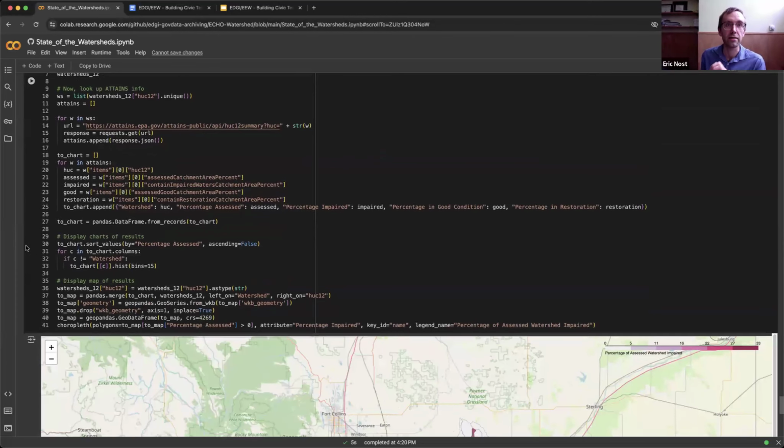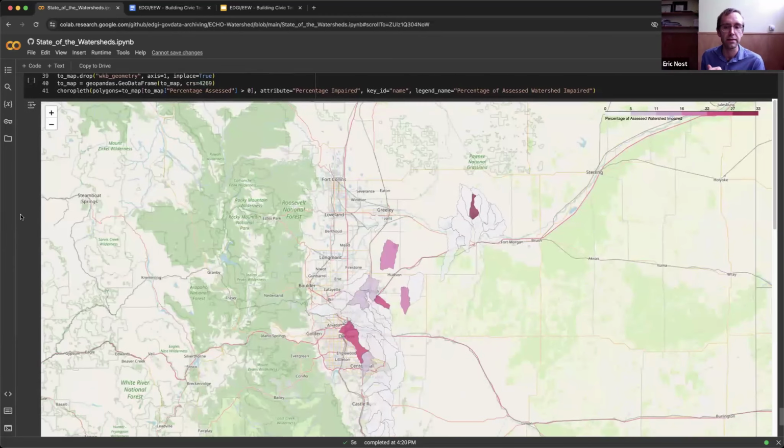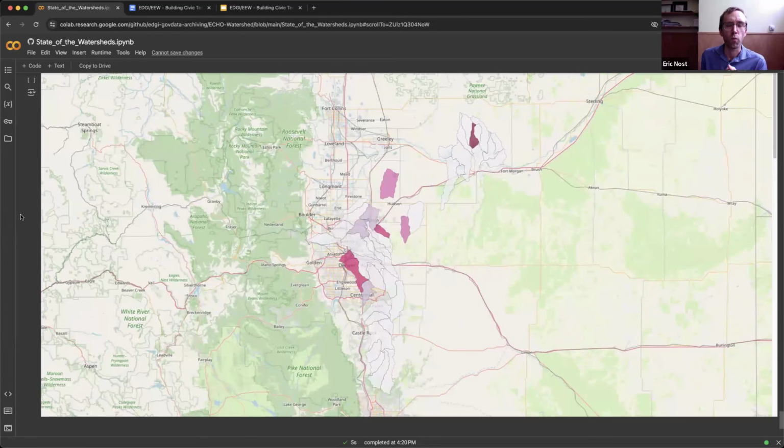So looking at our specific watershed and drawing on the EPA's ATTAINS database of water degradation and watersheds, looking specifically at the ones that have been assessed, we get the following picture.